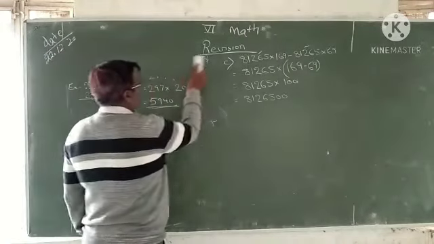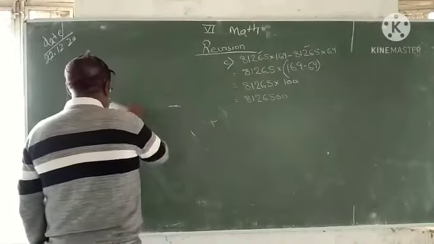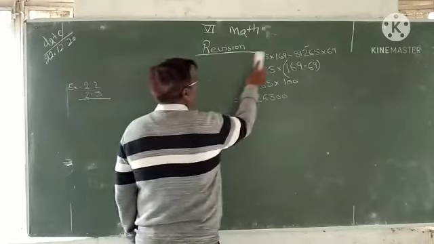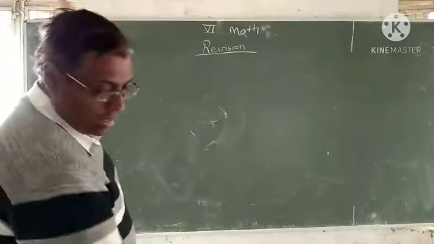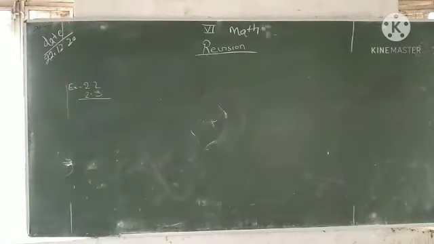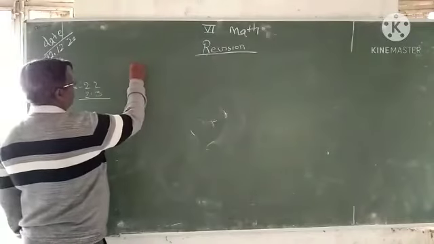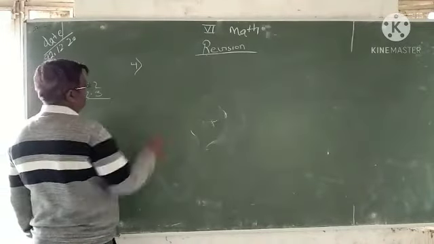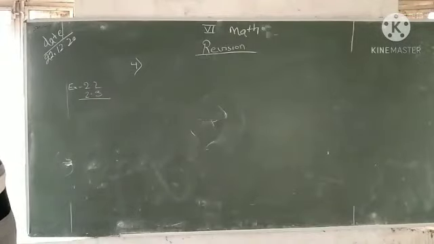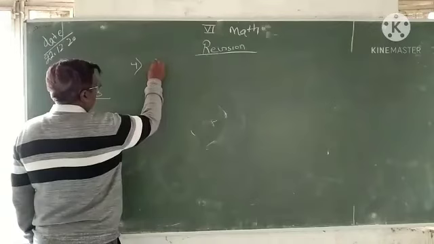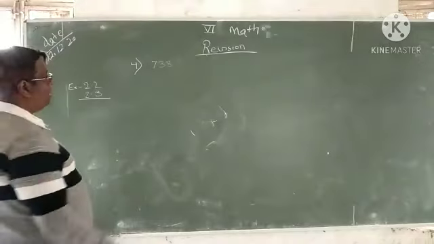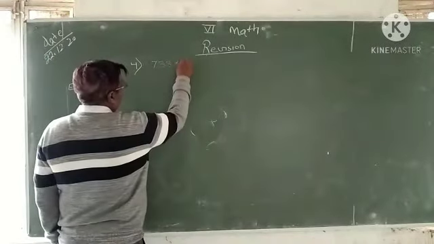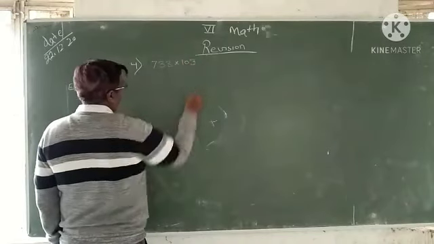Moving to sum number 4. Sum number 4 says find the product using the suitable property. It says 738 into 103.